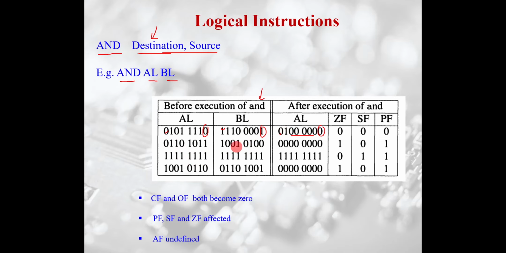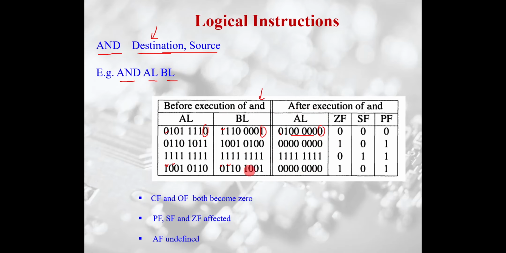Here none of the corresponding bits are the same, so when you do an AND operation, you get complete 0. Here all are 1s, so you get complete 1. Here also, it is 1 here, 0 here, 0 here, 1 here, so finally you get a 0. This is how the data of AL looks after the execution.